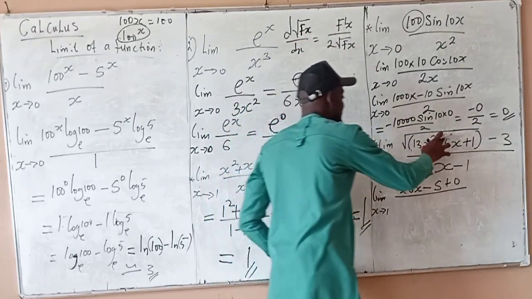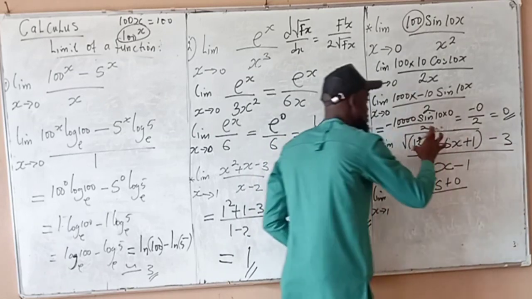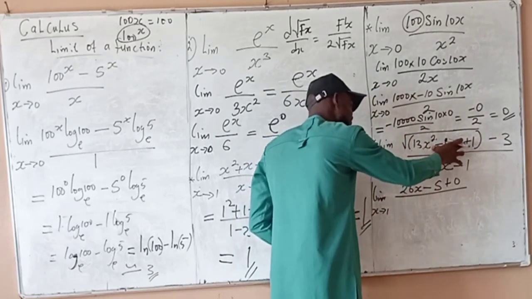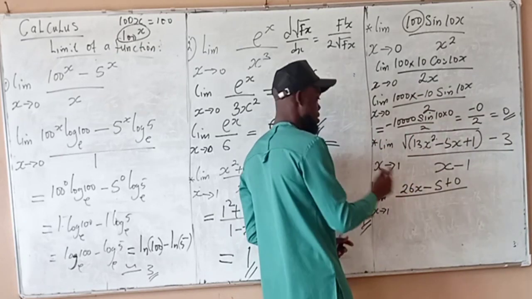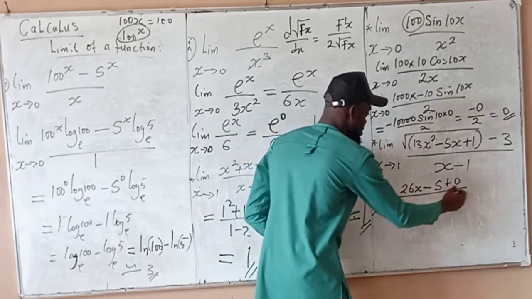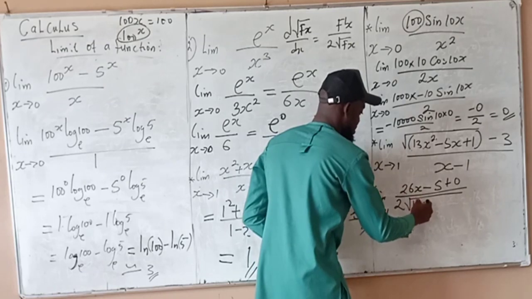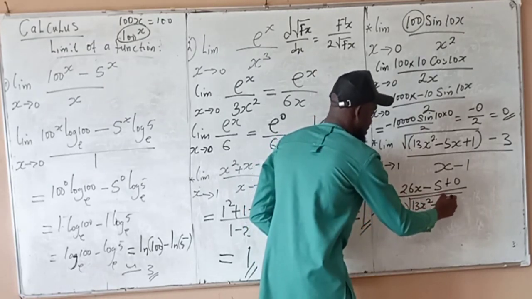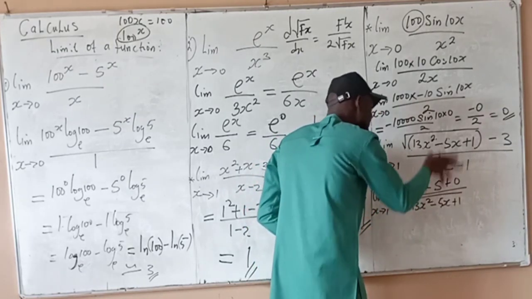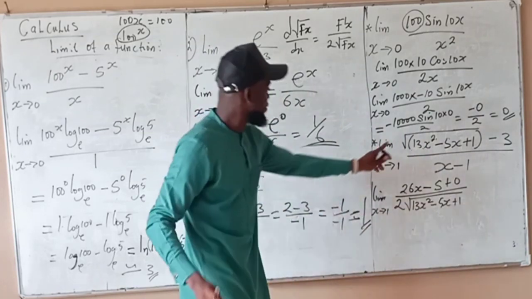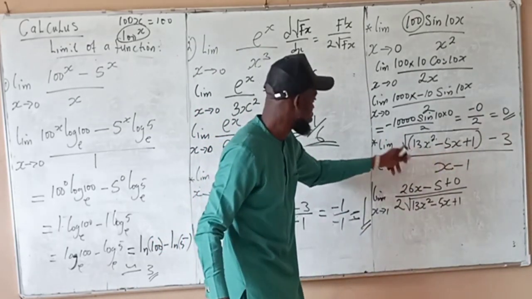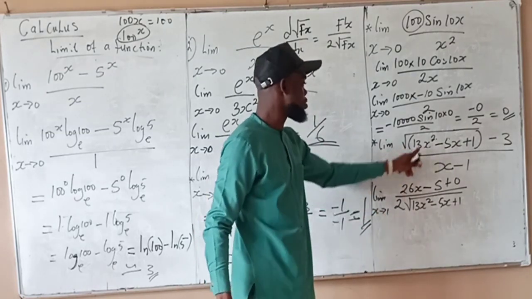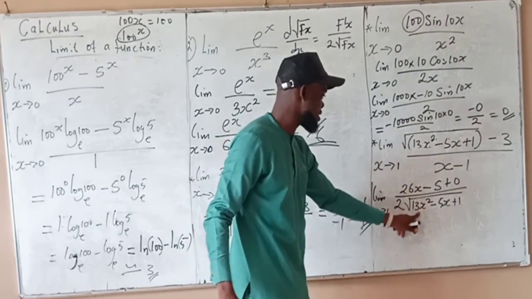So to differentiate this one now, not the division though, we don't have the differentiation inside, we have this divided by 2 times the square root of 13x squared minus 5x plus 1. So this is the answer to this. Differentiating this, which is the derivative inside, divided by 2 times the square root, we get this.